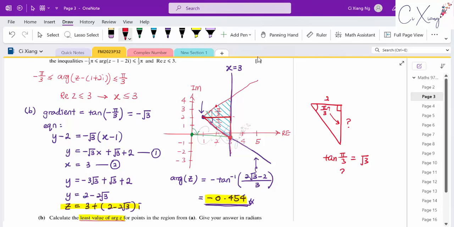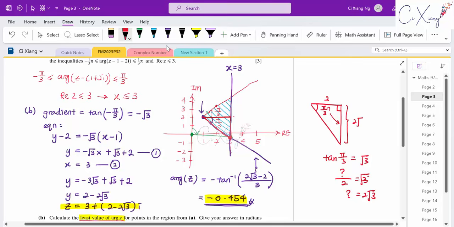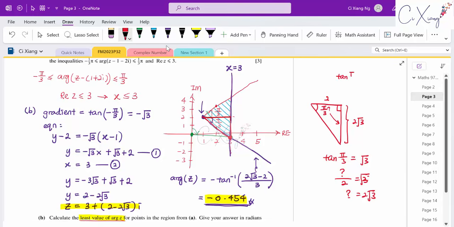Therefore, I have question mark divided by 2 equals square root 3, and therefore the question mark here should be 2 square root 3. Which means the length of this vertical line should be 2 square root 3. So I'm using the ratio of tangent pi over 3 equals square root 3, and from here I get the height of this particular triangle.